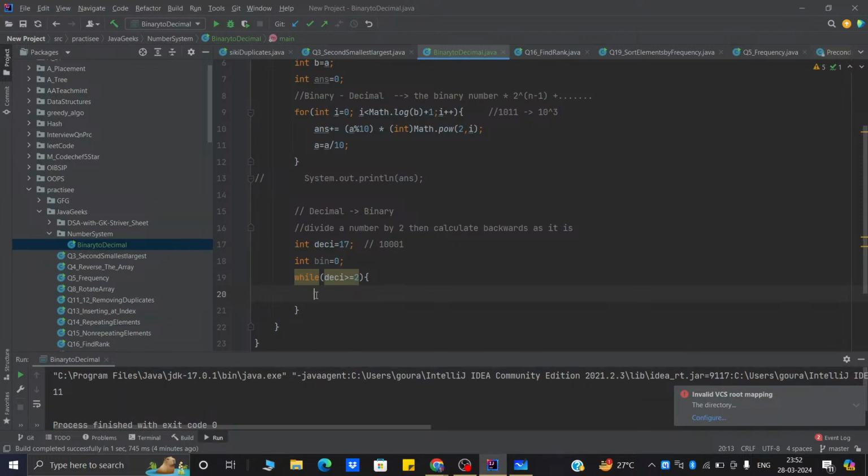So we have to do it, and we will take a string answer equals, let's say, a null string. It will be easier if we name it binary.